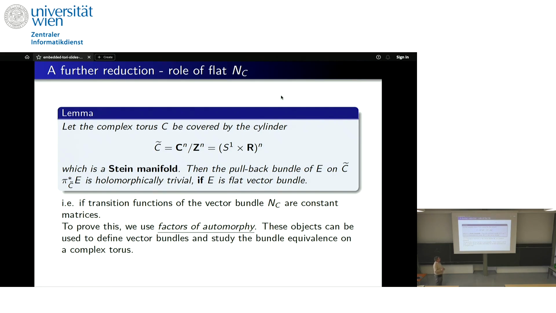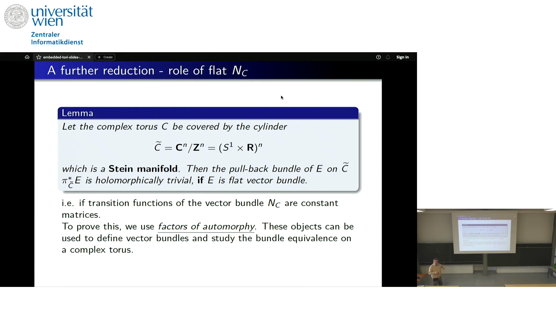And so what's going on is that we have assumed that the normal bundle of the embedding is flat. You will cover it by a cylinder, which is a Stein manifold.